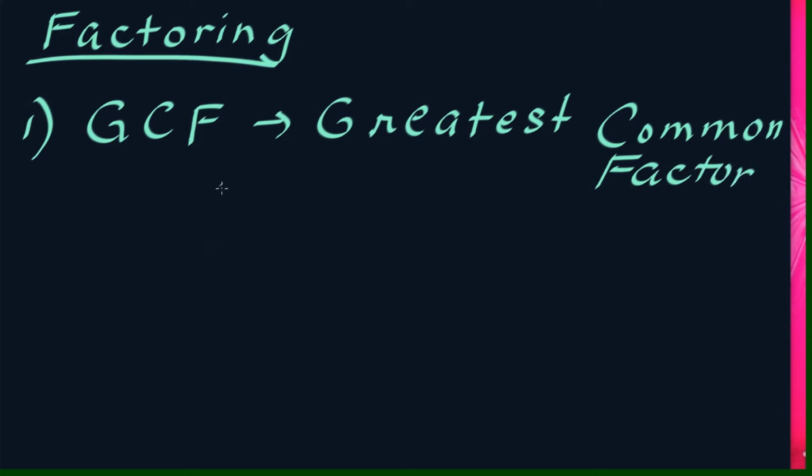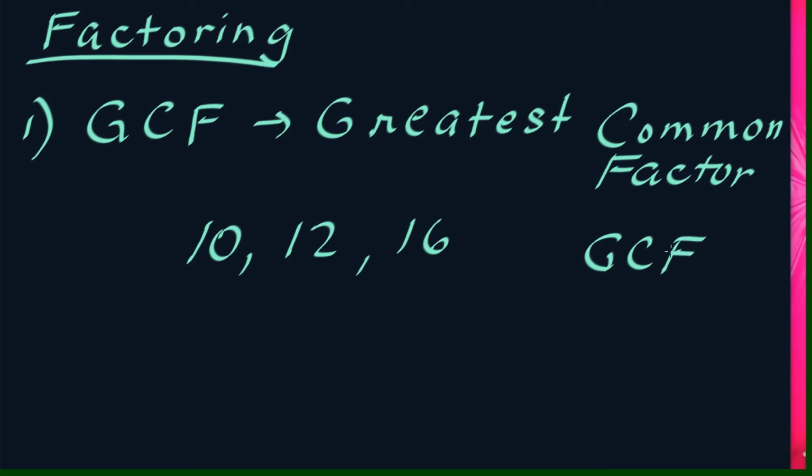Now, in an arithmetic class, say between 10 and 12, and I'll add one more, let's say 16, what is the GCF of these three numbers? So for the greatest common factor, we're talking about the factors of each number here.